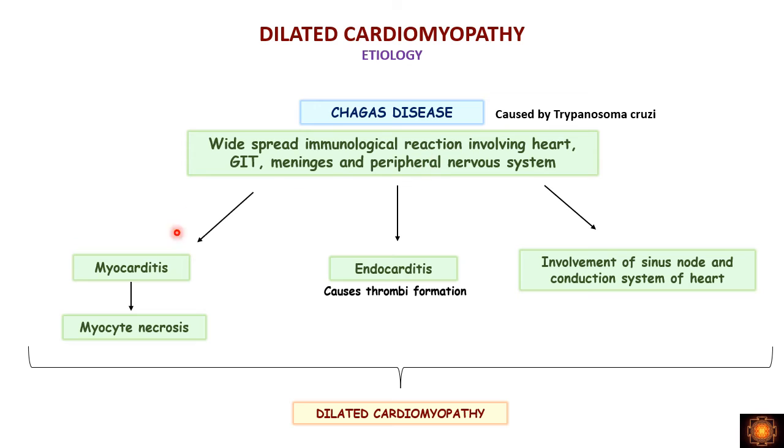In the heart, they cause myocarditis, causing myocyte necrosis, and they affect the endocardium, producing endocarditis, and this is one of the major causes of thrombi formation. Then it also involves the sinus node and conduction system of the heart. Because of all these conditions, again there will be a dilated cardiomyopathy.